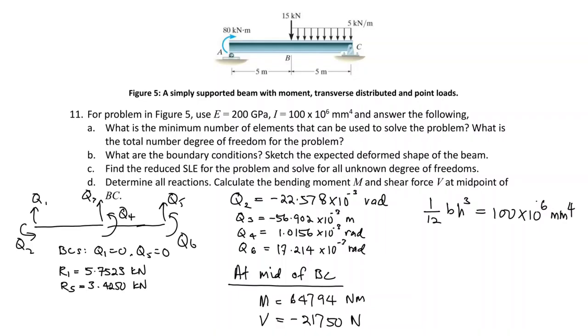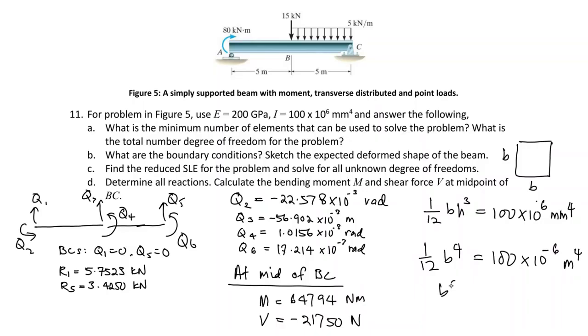Since we are using a square, our B and H are equal. So now this is 1 over 12 B to the power of 4 equal to 10 to the minus 6 meter to the power of 4.